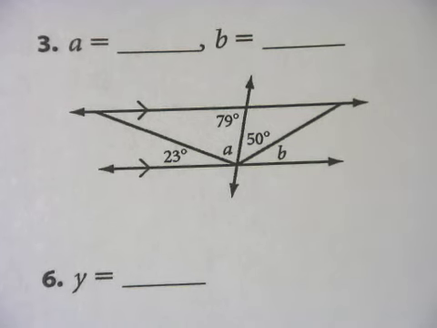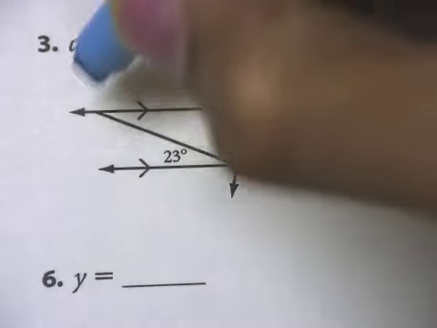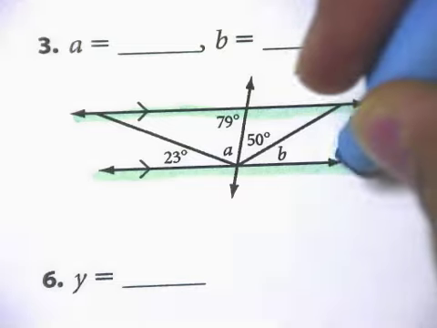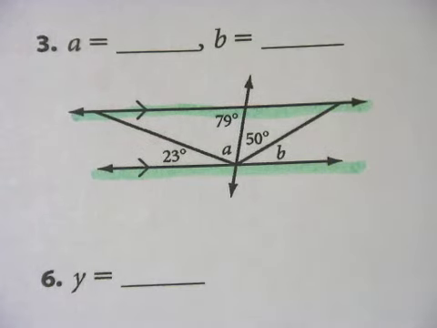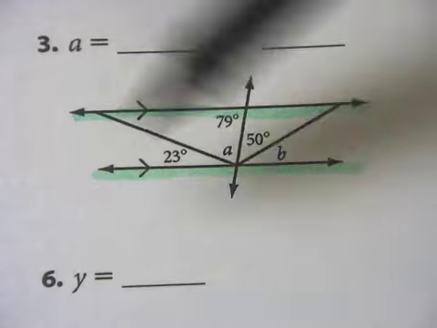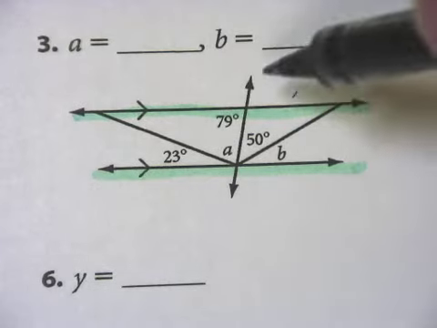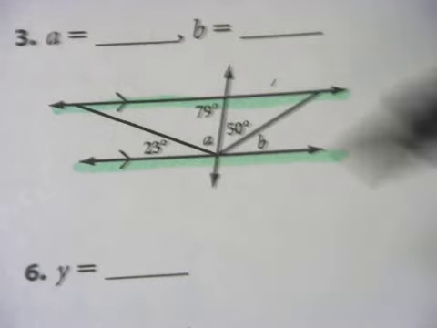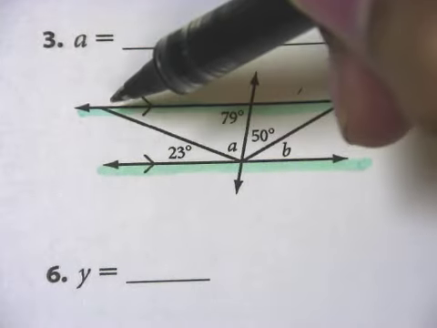Number 3, we're taking something old and putting it together with something new. If you notice here, I have a parallel line here, and I have a parallel line there. And I hope you recognize that I have some transversals. Here's one transversal, here's another transversal, there's another transversal going through my parallel lines.